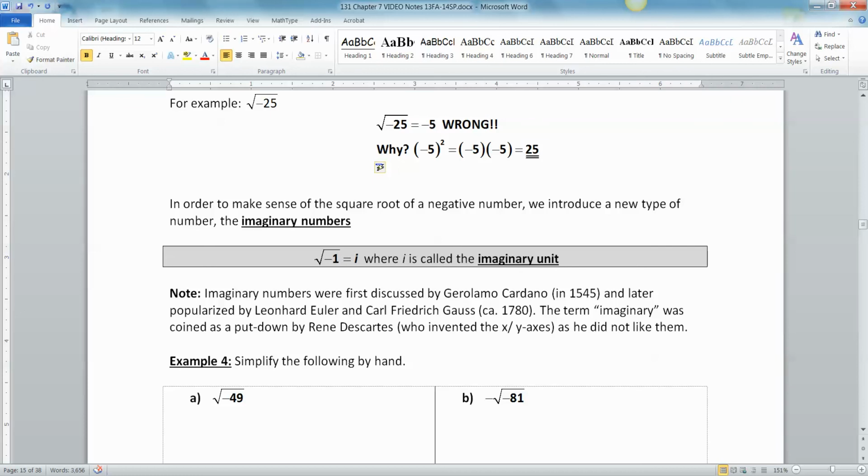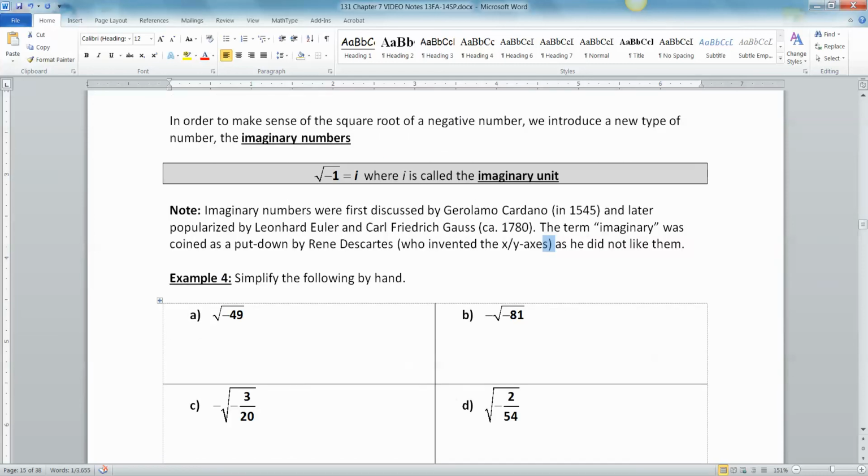René Descartes is the one that said imaginary because he didn't like it. He's the guy that thought of the x and y axis that you know and love for graphing. So without him, you wouldn't be graphing that way. But he poo-pooed this whole idea and said it's imaginary. He was French, right? So he didn't really like it very much.